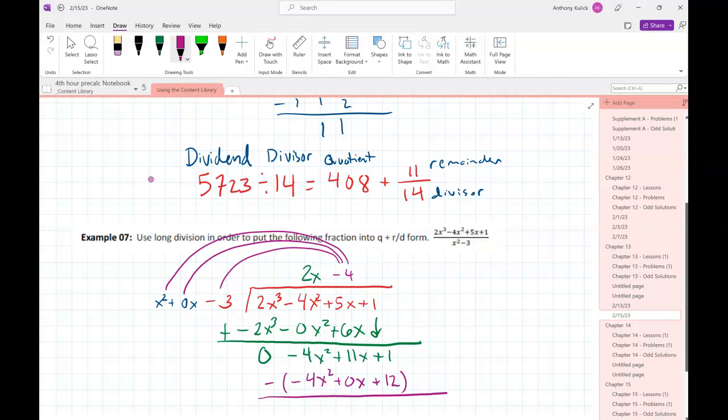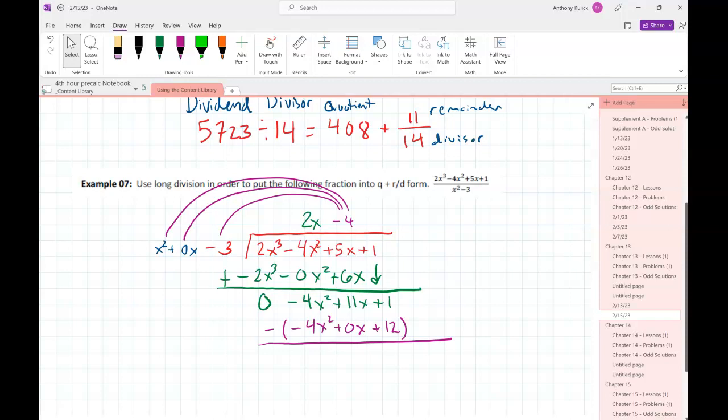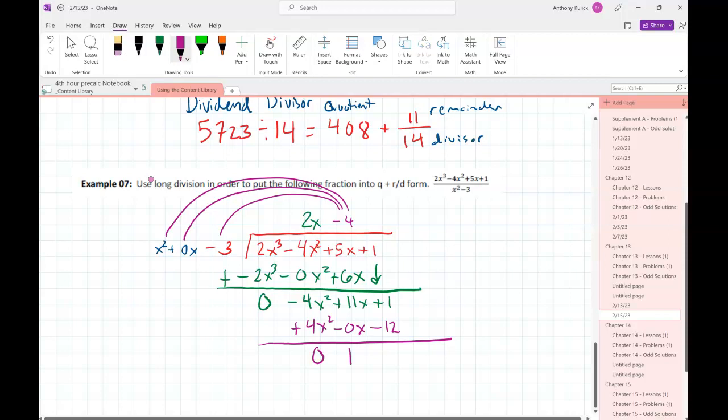And then I subtract down. How do I do the subtraction? Adding the negative, so I'm going to distribute the negative through. So that's my remainder.